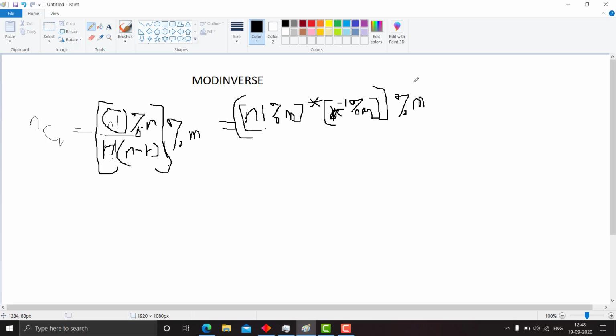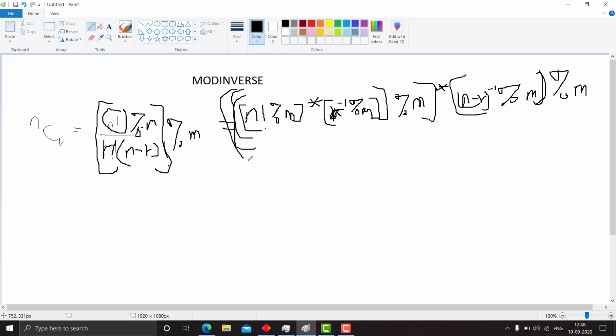Okay, so let me show you. So how do we get this r inverse mod m?